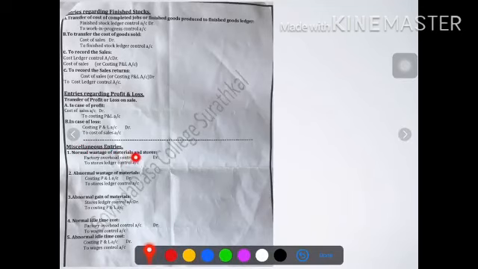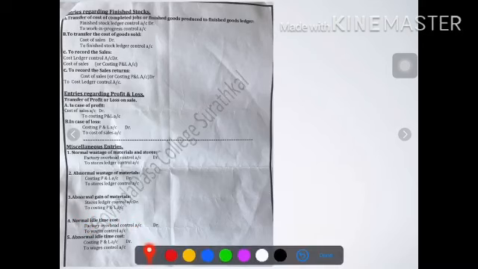When it comes to the miscellaneous entries, always remember the wastage of material, if it is normal, will be charged to factory overhead control account. Similarly, the next element, that is labor, the wastage of labor is nothing but the idle time, isn't it? If it is normal, it is also charged to factory overhead control account. I repeat it for you.